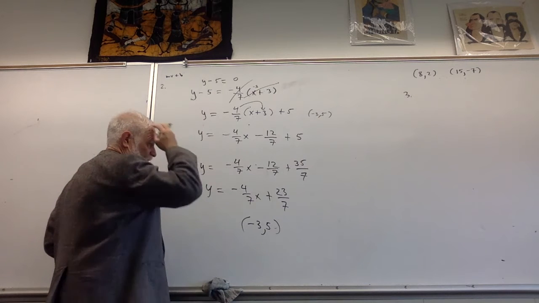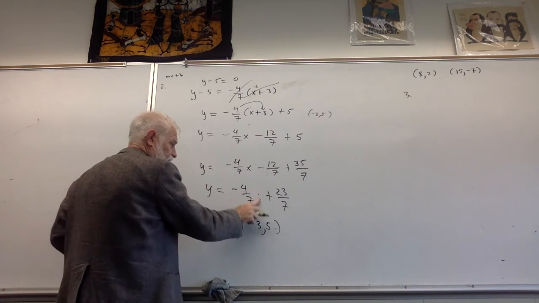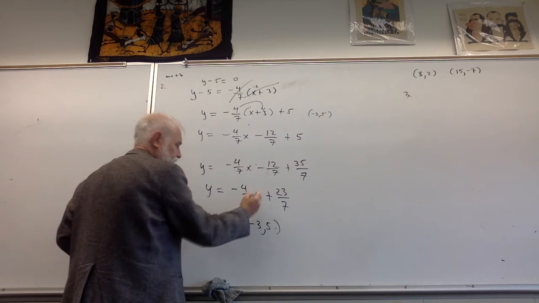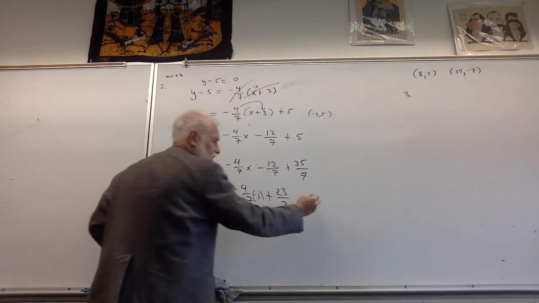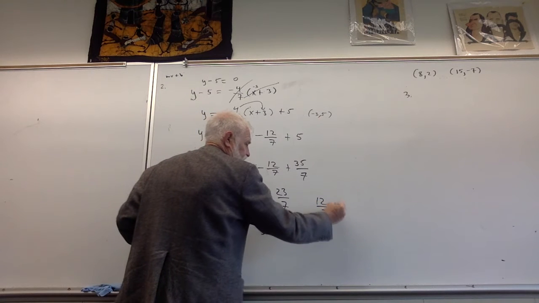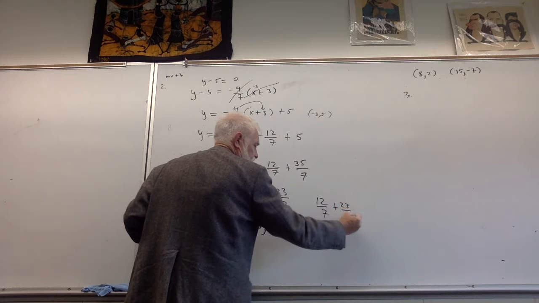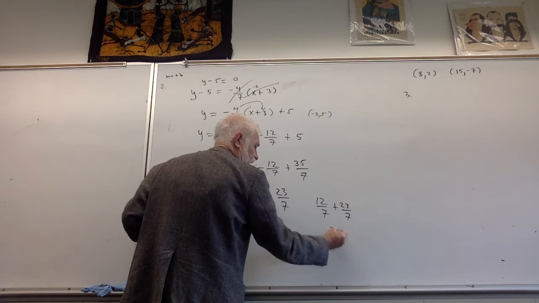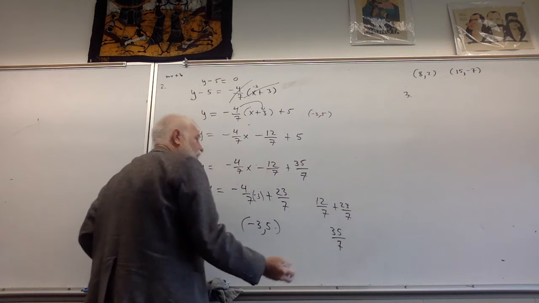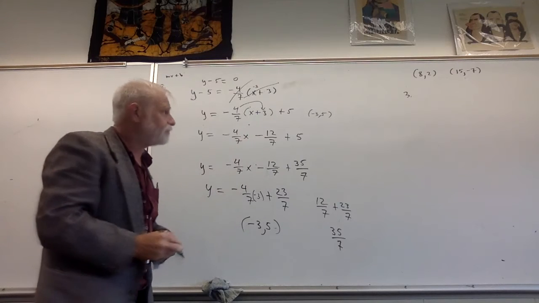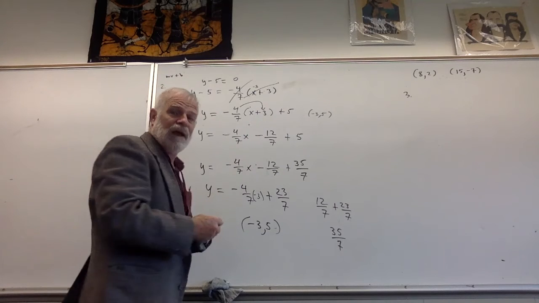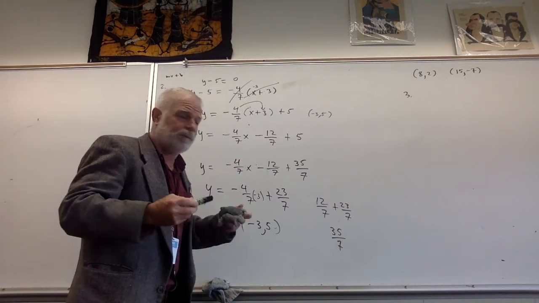All right, so let's put -3 here. Well, -4 times -3 is 12/7. 12/7 plus 23/7 is 35/7. They are all the same calculation. Okay, just you graph from a different perspective. That's what we're practicing.